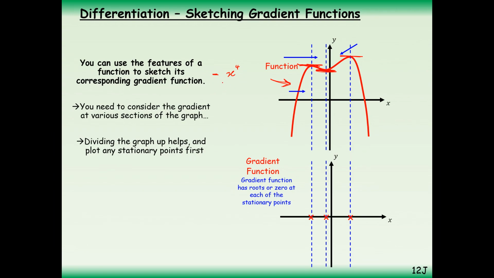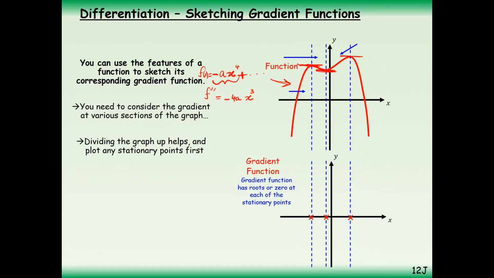And when you differentiate, this is our original f of x here, and when we differentiate that, I'm guessing here, of course there is some value of a there, and there are some other terms, but the most important part of the function is the highest power of x. So this will be a negative 4a x to the power of 3.